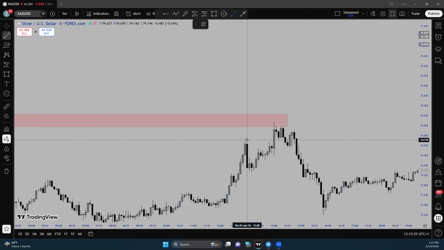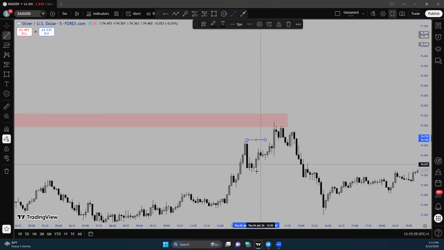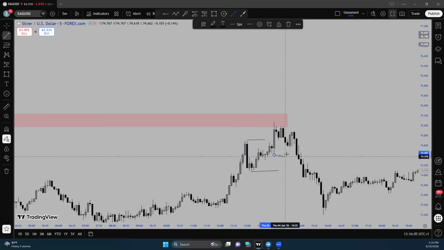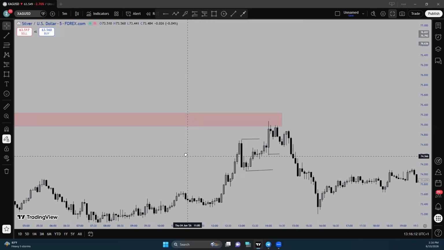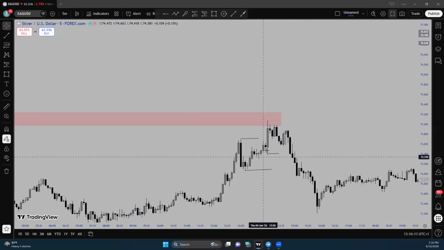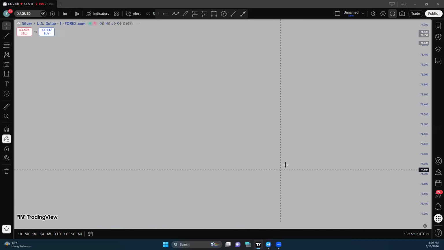We have this high, and this is the low that caused the high. Sorry, this is the low that caused this break of structure. So when market takes out this low, this is where we get a market structure shift in lower time frame. So you see the confirmation is not really clear in 5 minutes. So let me try lower time frame. Let me try 1 minute.